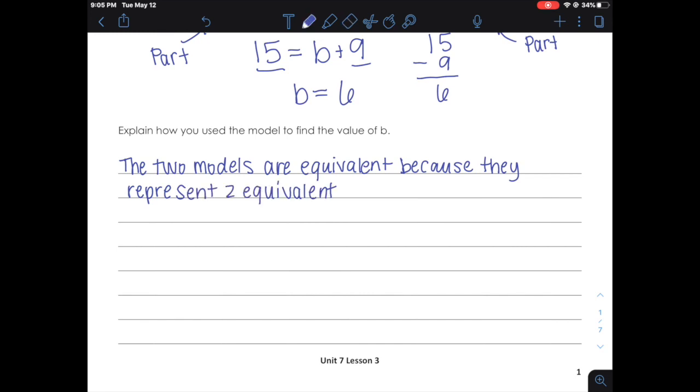Because they represent two equivalent expressions. The total is 15, which is represented by the top bar.